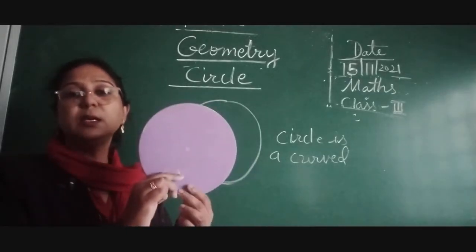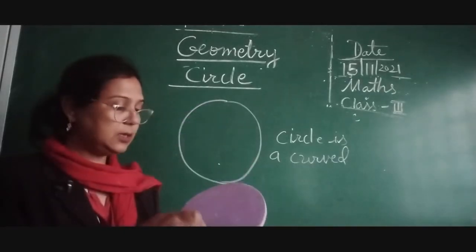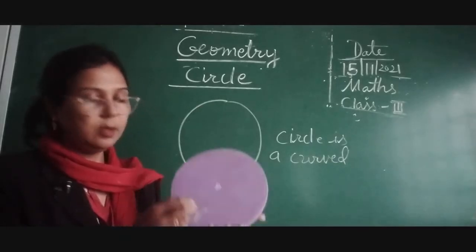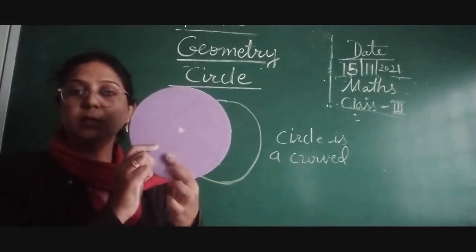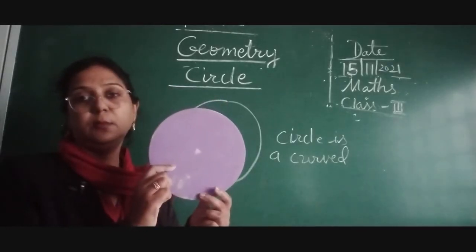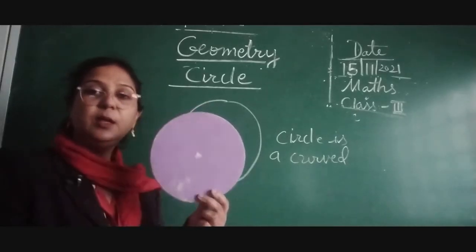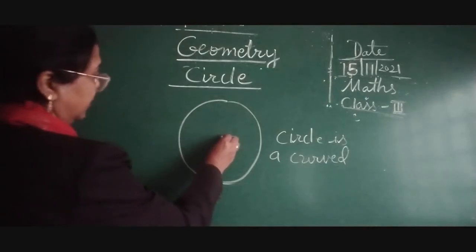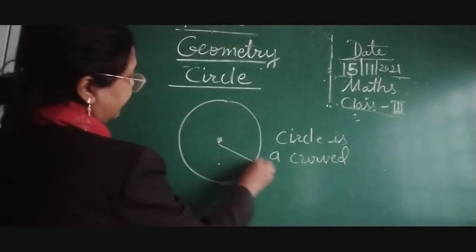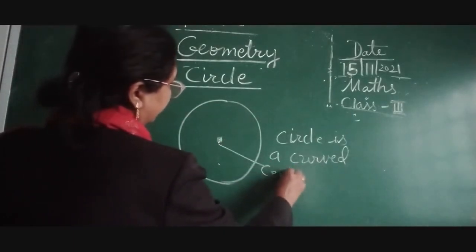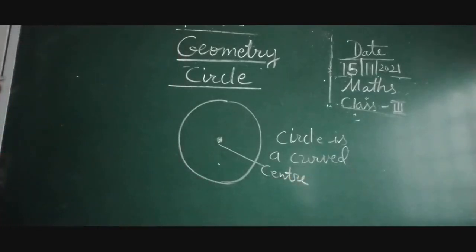Okay, so this is circle, and here you can see the 0 point of this circle, this is center. Okay, so the circle is curved and it's having a center, and 0 is the center of this circle.